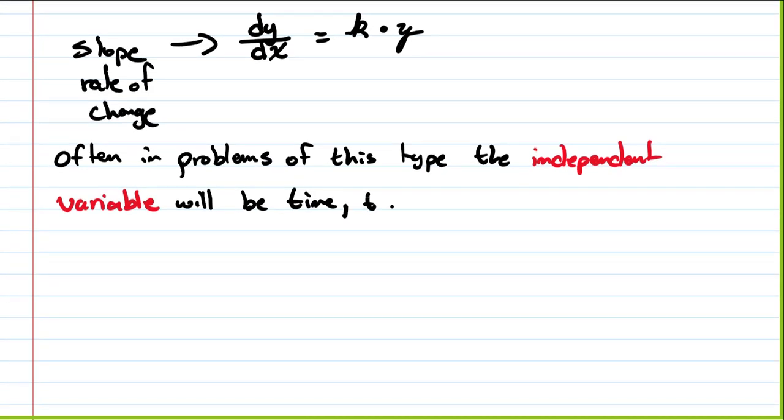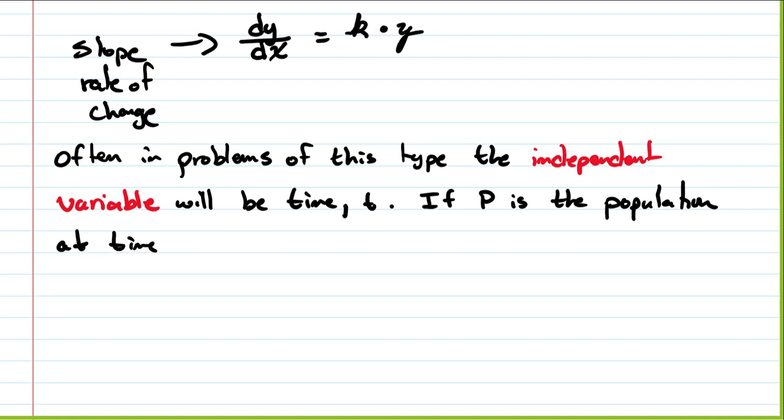And we'll denote that with t. So if P is the population at time t, then we get this version of the differential equation: dp dt is equal to k times p.